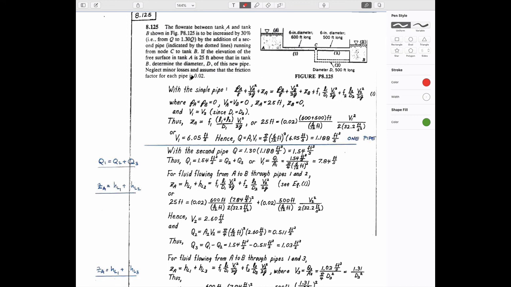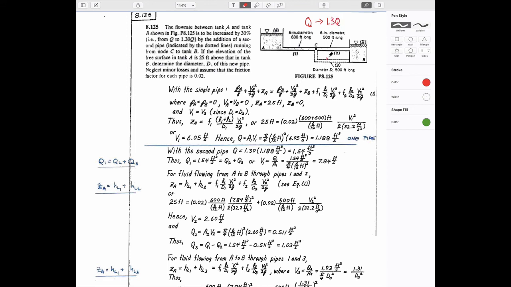In this case, we have two tanks linked by either a branched pipe or a straight pipe. The basic idea is if we have flow within the system occurring in just one pipe with this branch shut off, the question is if we add a third pipe to the branch, we want the flow rate, instead of being the flow rate with just one pipe, to change to 1.3 times that flow rate.